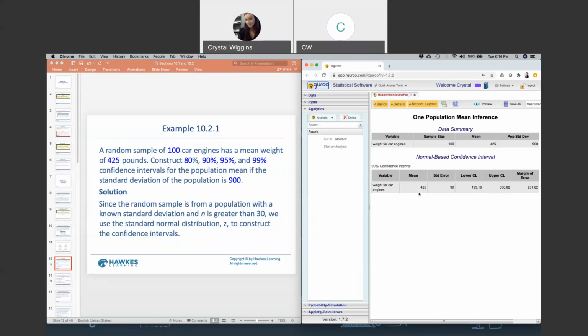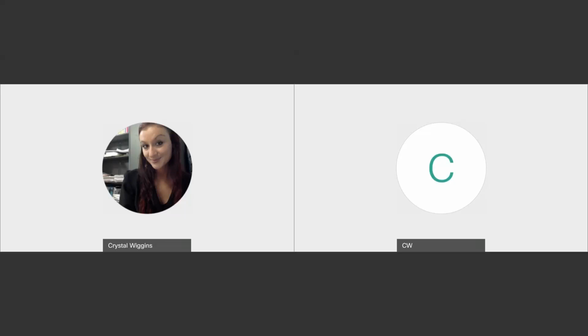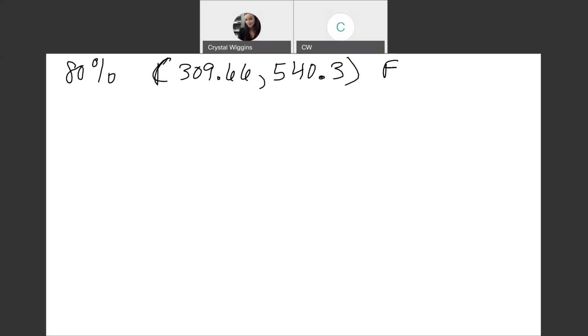So I'm going to switch over to a whiteboard real quick. So for our 80%, we were looking at a confidence interval from 309.66 to an upper boundary of 540.3 pounds with a margin of error of 115.34.